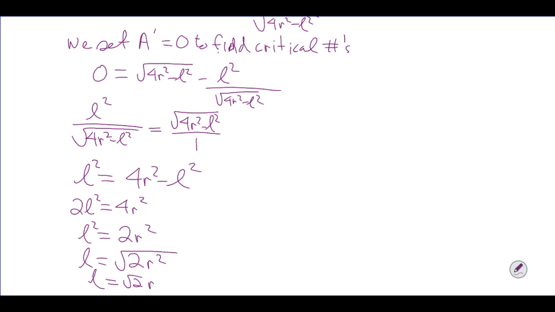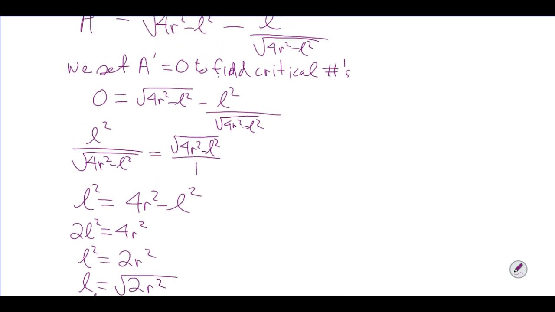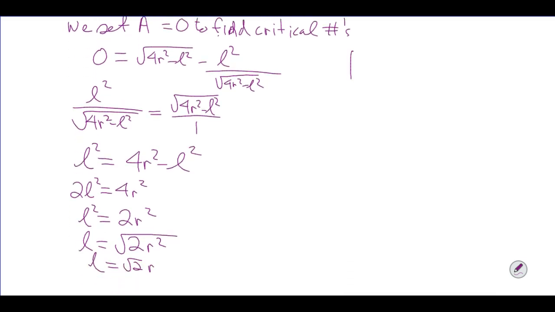And being as it can be any number, we'll do our little chart. We've got 0, this root 2r, and 2r. So the length is between 0 and 2r, and the critical number is root 2r. What we're going to look at is the sign of A prime.